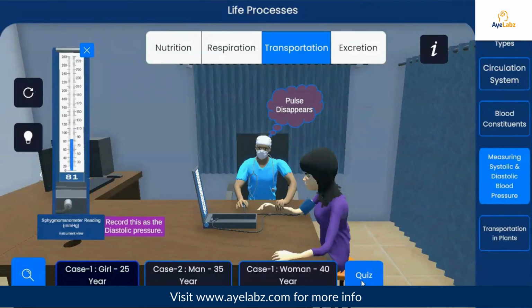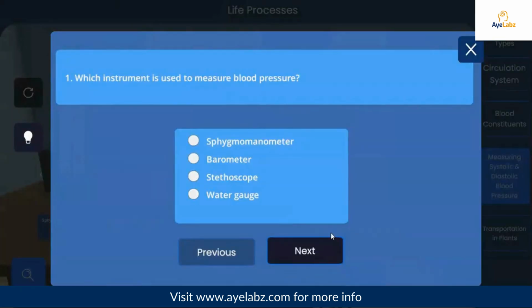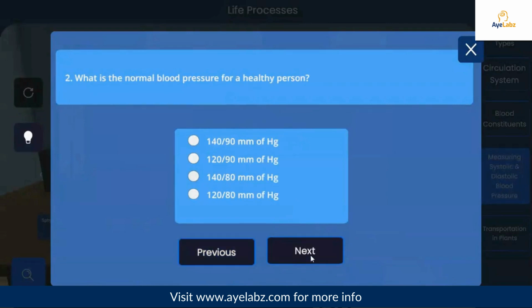Now, click here to take a quiz. Choose the correct option and then click on Next. To go to the previous question, click on Previous.